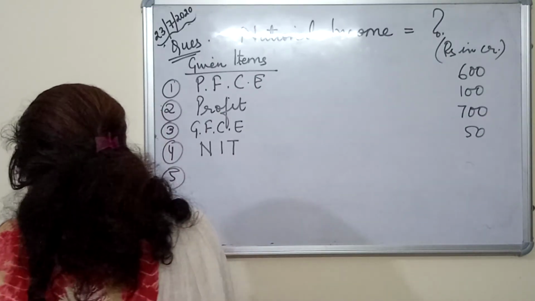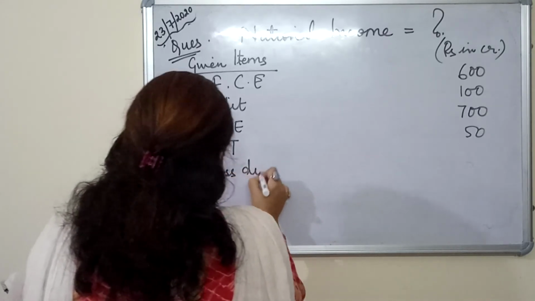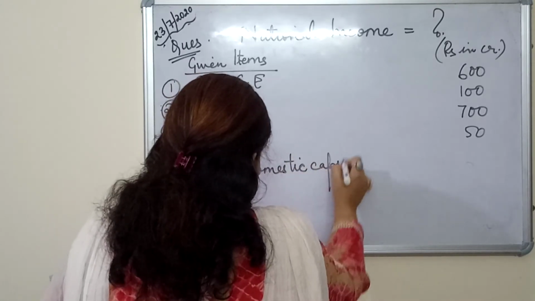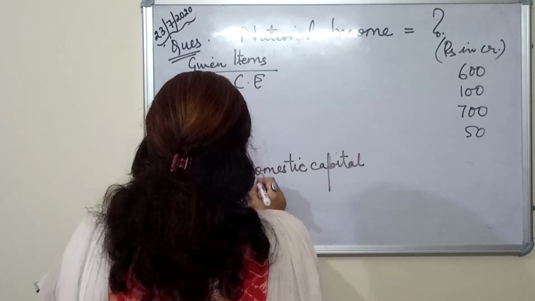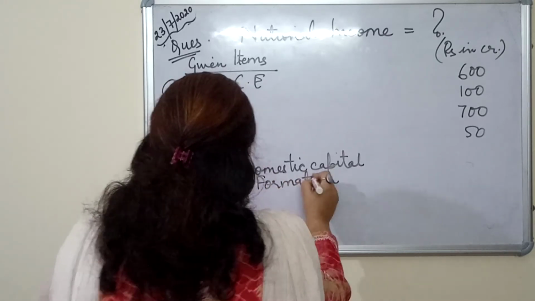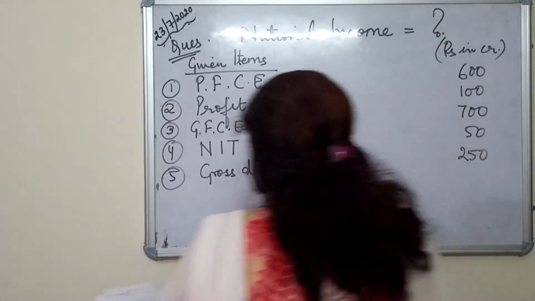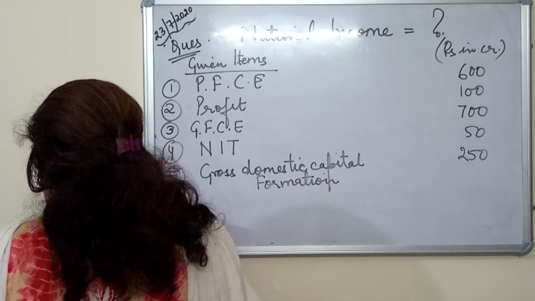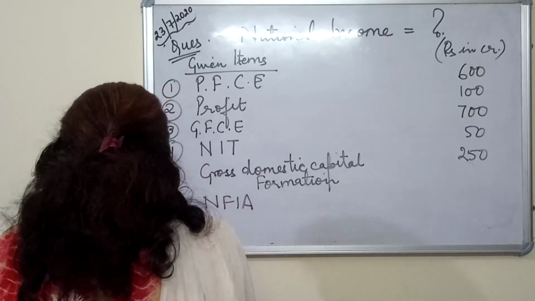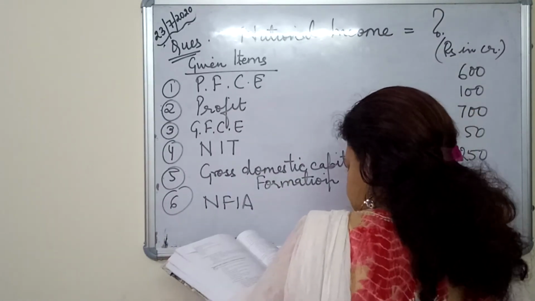Fifth thing given in the question is gross domestic capital formation, which is given as 250. Sixth thing is NFIA from abroad, which is minus 50.